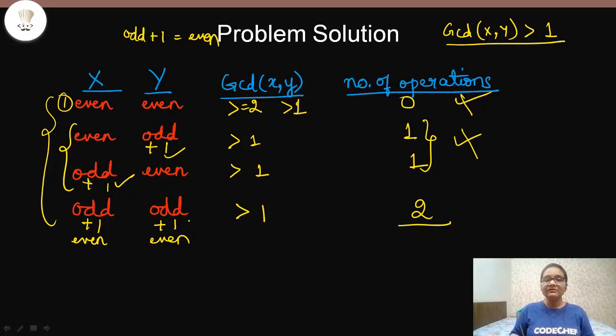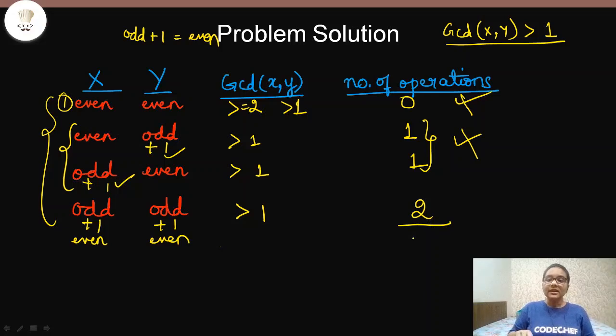And in that case we can increment both the odd numbers by 1 each, make them even and make our GCD greater than 1. So the minimum number of operations we will require will be 2.